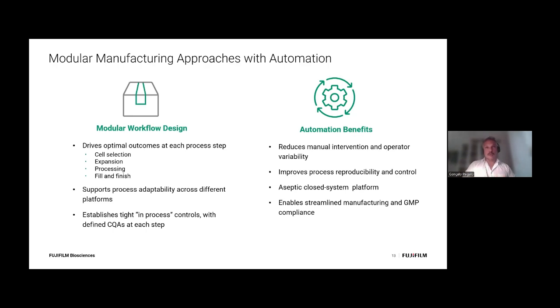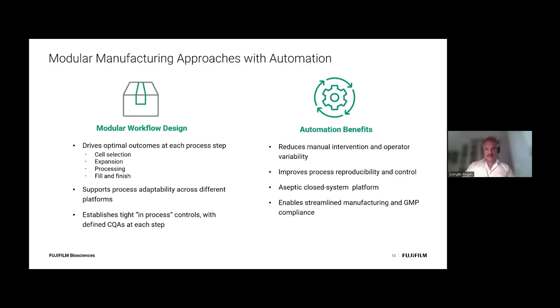However, when we look at how we rationally scale processes in the future, these single boxes become a little bit less appealing, and we do strongly believe that a modular workflow design is desirable. So pretty much going step by step: cell selection, cell expansion, fill and finish, right?